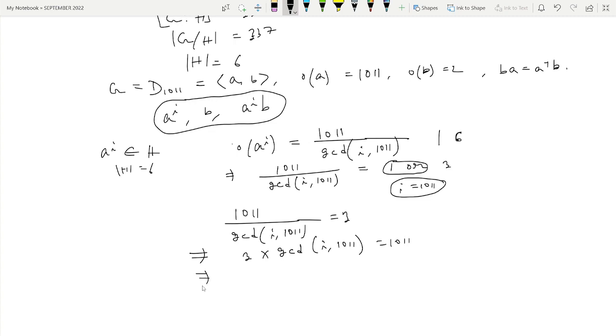So it implies, easy to verify, that I may be either 337 or 674. There are no other options for I.